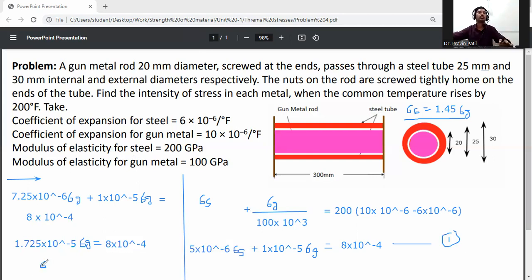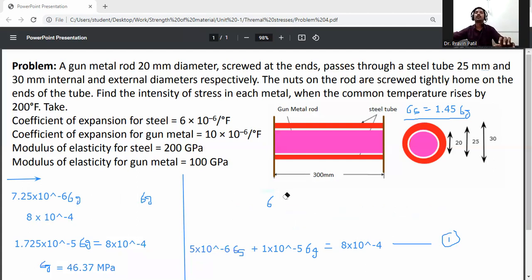Sigma g is equal to 8 into 10 raised to the power minus 4 divided by 1.725 into 10 raised to the power minus 5. So sigma g is equal to 46.37 MPa. Okay, sigma g.